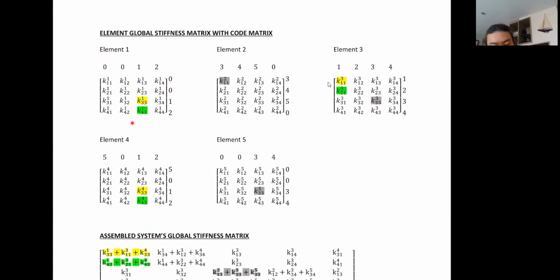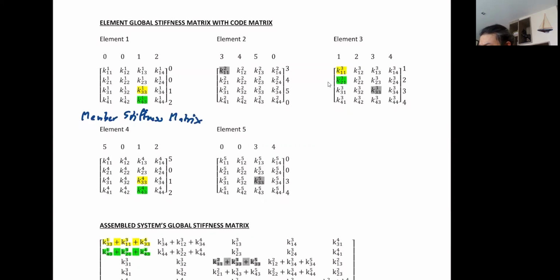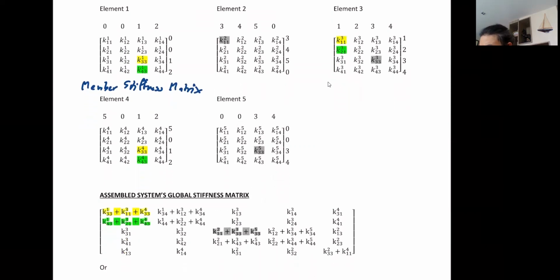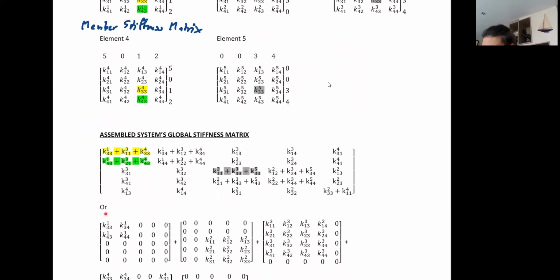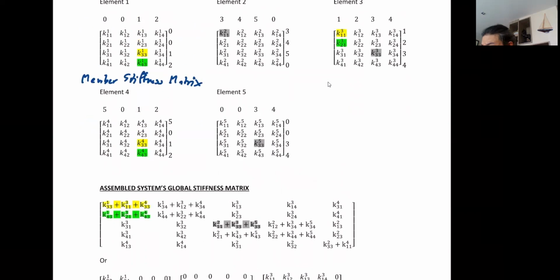Notice that this matrix is 4 by 4 because it's the member stiffness matrix. Now with the code, it says that this one comes here. So essentially, I can write it like this. I think it's easier for me. Or you can just memorize it and put this in the first row, first column, and so on.